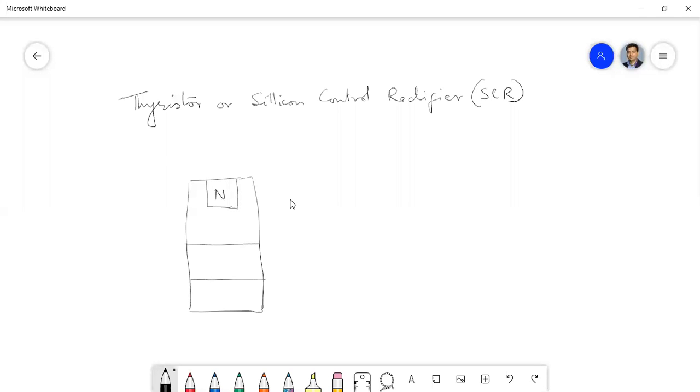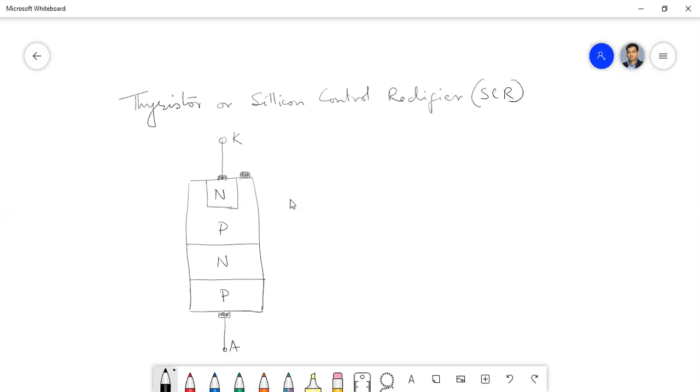So this is the N layer, this is the P layer, again N layer and P layer. So NP, NP. Here this is called the cathode, just like the diode terminology, and this is called the anode. One more terminal we have, because it's a control switch, unlike the normal diode.